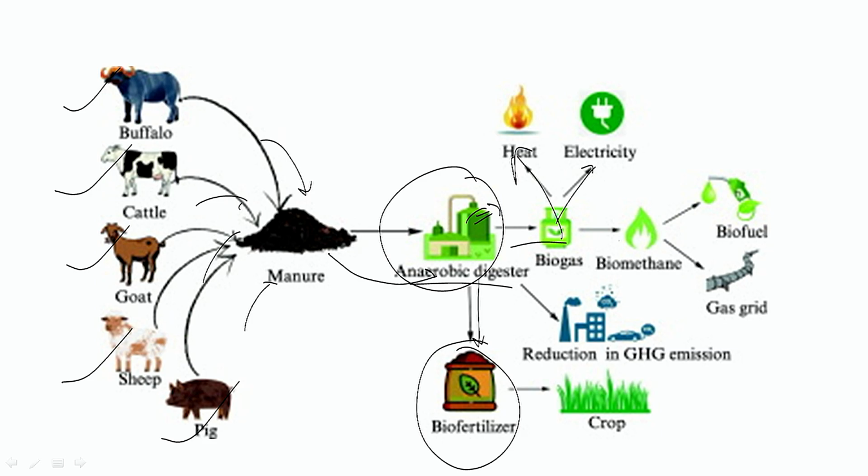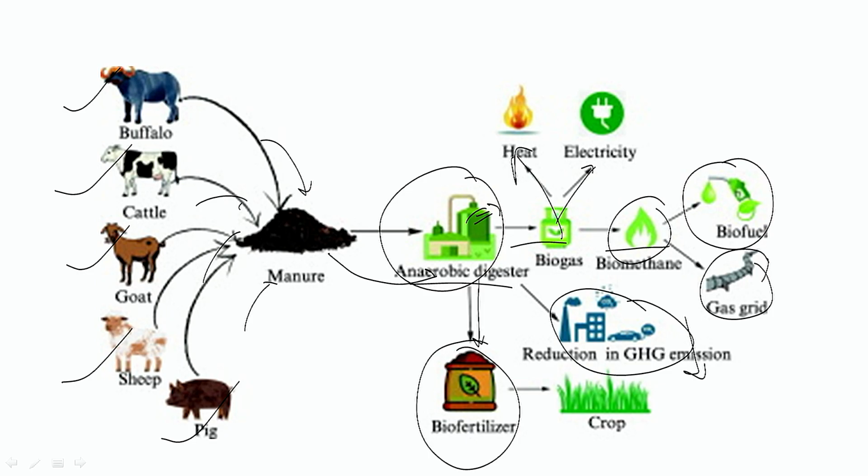After some refinement, it can also be converted into biomethane, which in turn is a type of biofuel, and it can also be transported to a gas grid, from where it can be transported further to where it is better used. Along with this, the greenhouse gases are reduced by using the manure obtained from the bovine population in the form of dung, excretory material, agricultural waste, urine and other things.